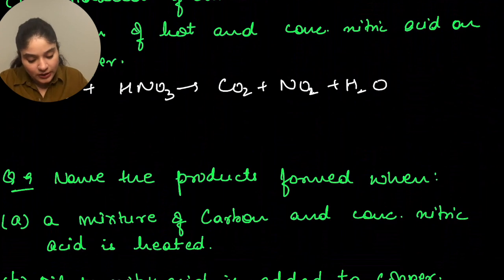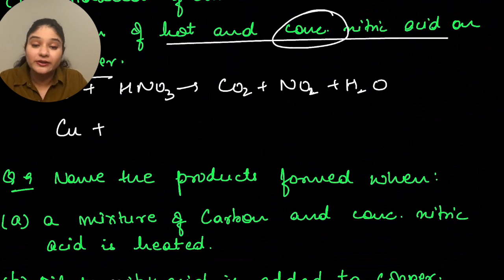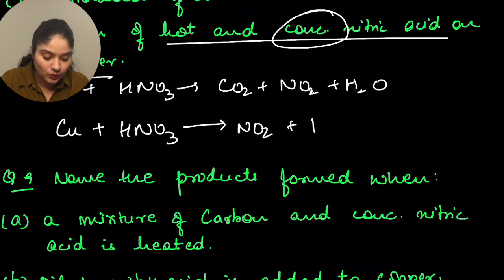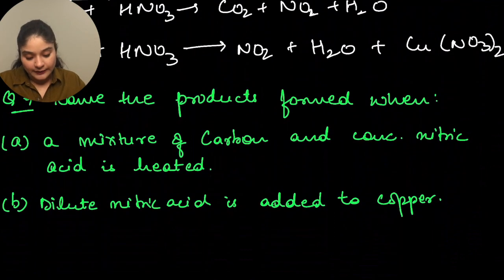And the next is action of hot and concentrated nitric acid on copper. So copper plus concentrated HNO3, and in this case we know that you get nitrogen dioxide. So that is NO2 plus water will come out, and you will get copper nitrate, Cu(NO3)2. Let's move to the next question.